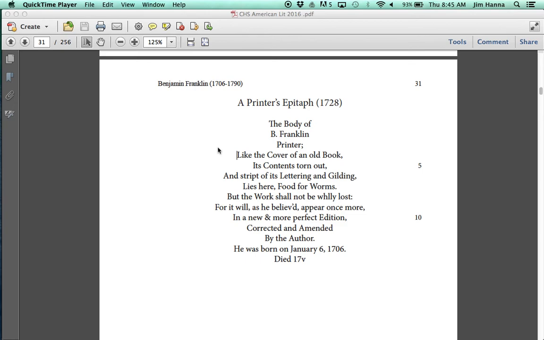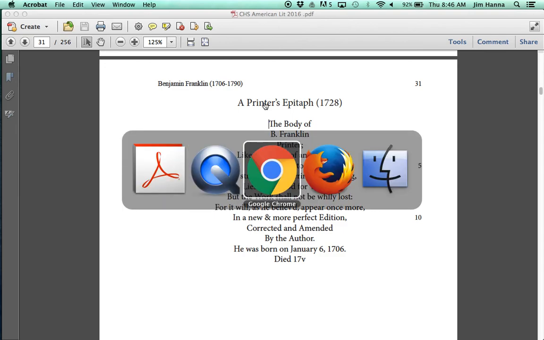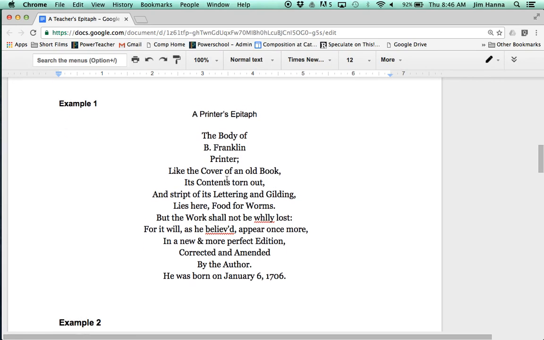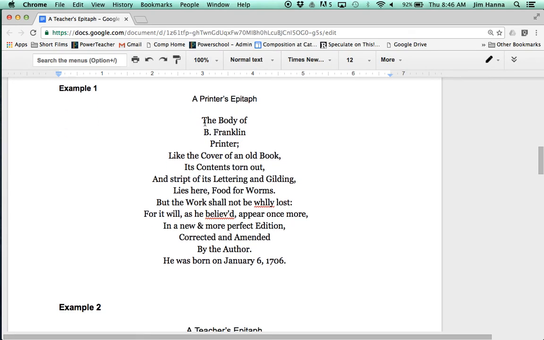So here we go. Printer's Epitaph. We've got the body of B. Franklin, printer. It is a printer's epitaph, you will notice, and so that is important. I'm going to pause here and switch over to my other document so I can highlight stuff.